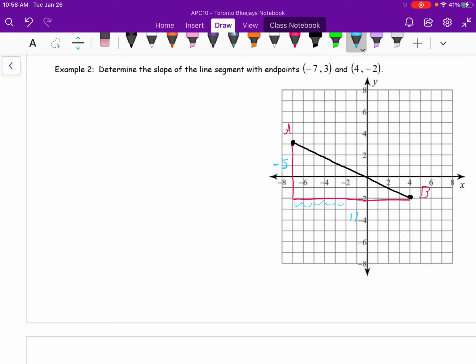If we notice, as we go from left to right, this is going to be going downhill, or we call it a decreasing function. So that means that the slope will be negative. So we're just going to write slope is the vertical change over my horizontal change.